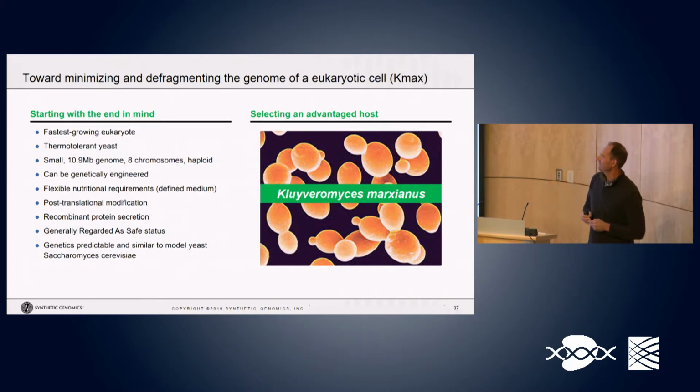Kluyveromyces marxianus is the fastest growing eukaryote. It's a thermotolerant yeast that has a very small 10.9 million base pair genome spread across 8 chromosomes. And a major difference between a prokaryote and a eukaryote is that with a eukaryotic system, you have the post-translational modification that you would not have in Vmax, for example.